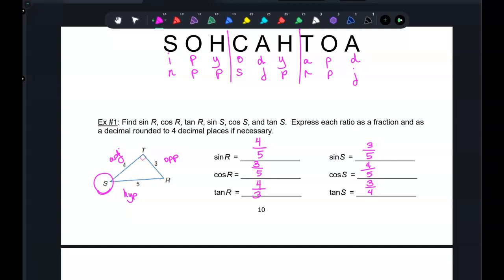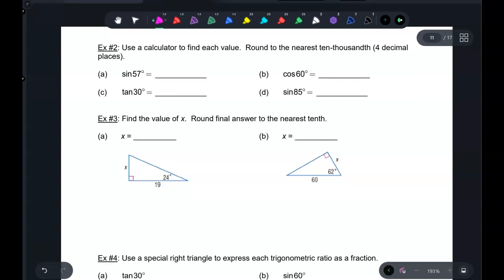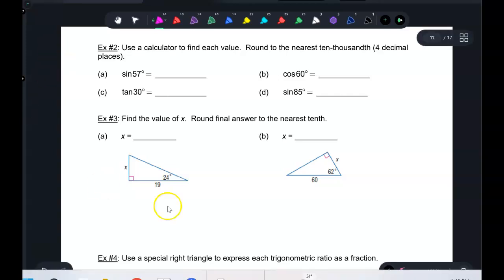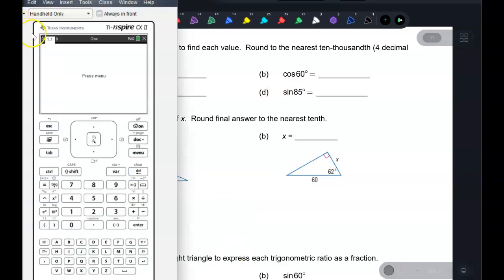Now we're going to need our calculators. The first thing we need to do is make sure it's in the correct mode.